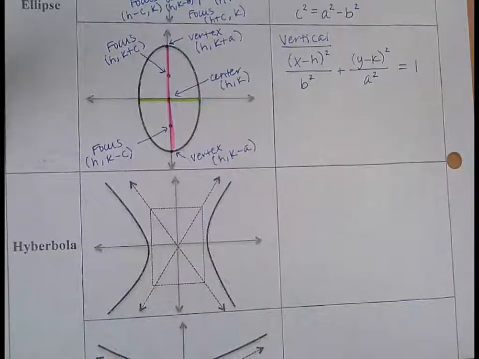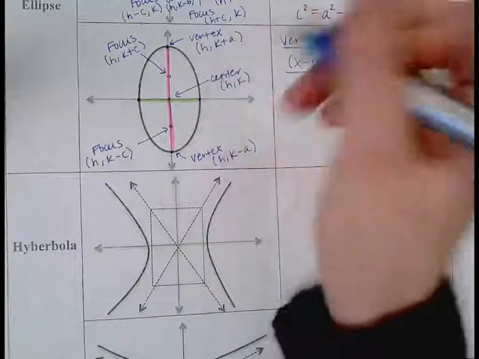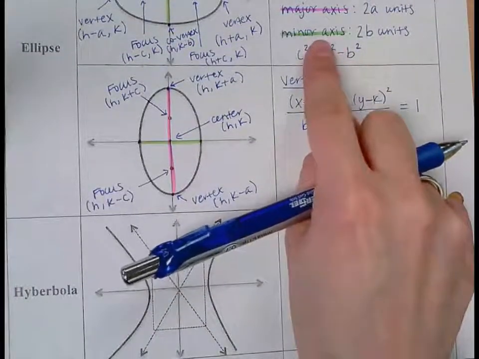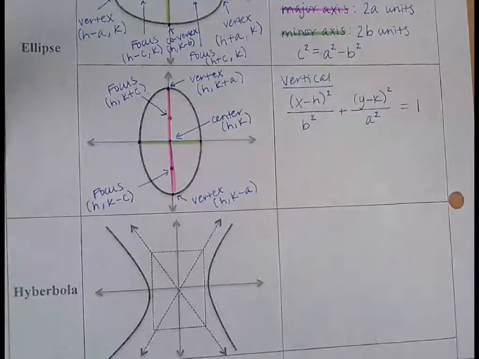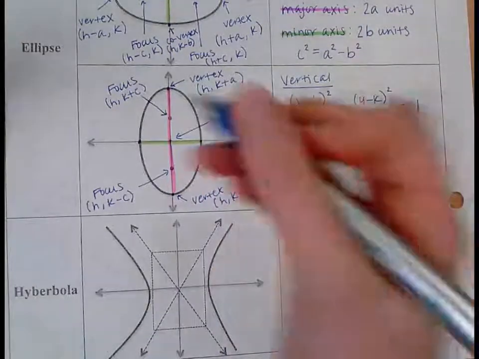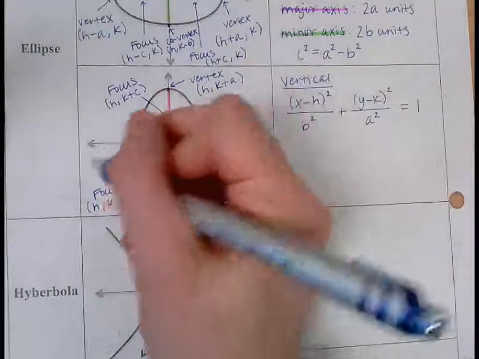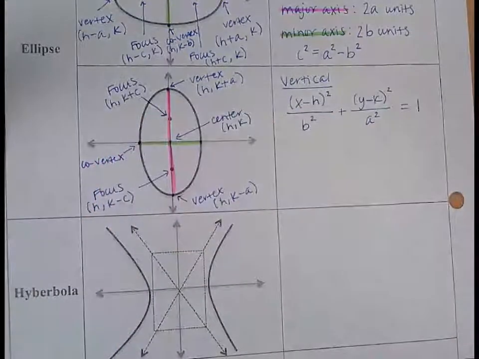Still has endpoints on the ellipse, and the endpoints are the co-vertices. So again, you can, but you don't have to write minor axis as 2B units. Again, it is the same from above. I'm going to label the leftmost co-vertex first. So this is a co-vertex on the left.